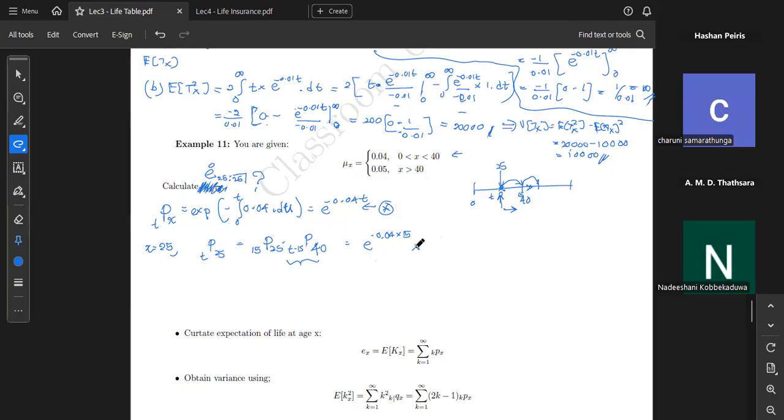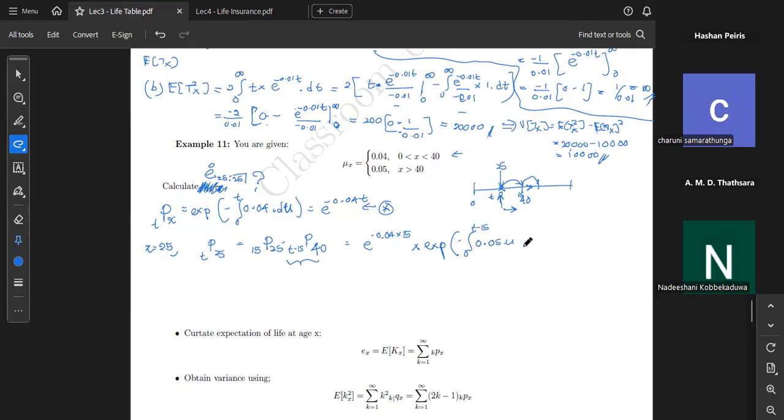And it goes from 40 to t minus 15. That means I can write the probability going from 0 to t minus 15, since they have survived for 15 years after 25, but the future lifetime is t, so we need to take that 15 years out of the future lifetime for this person, and the force of mortality is 0.05.